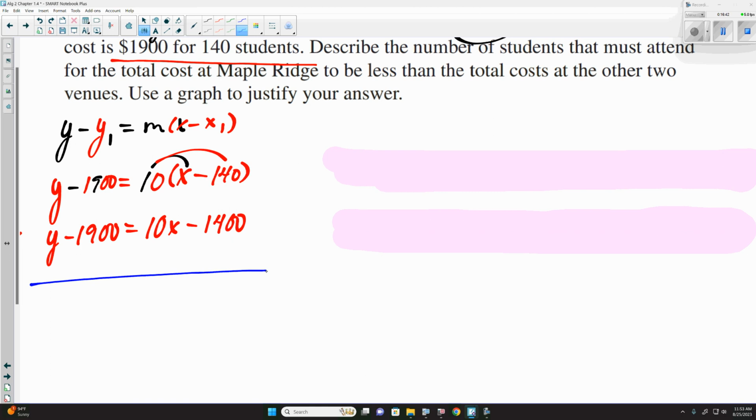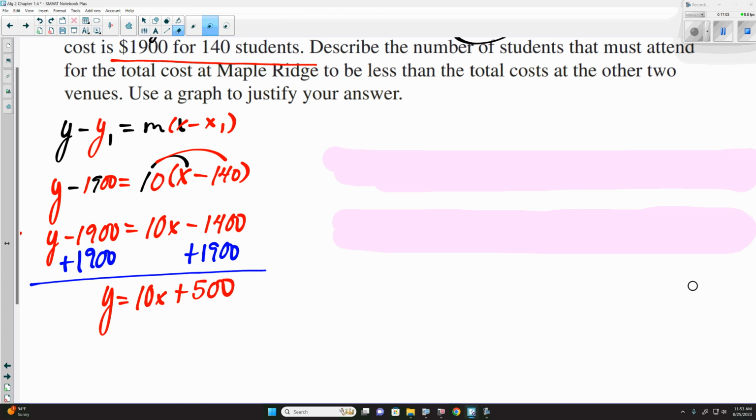Now, the last part, guys, let's focus in here. We need to get y by itself, so we're going to add 1900 to both sides, which will tell us that y is equal to 10x plus 500. So Maple Ridge, this equation is here.